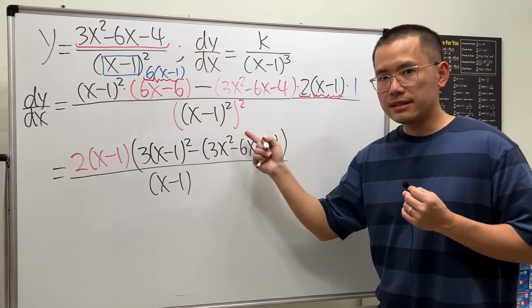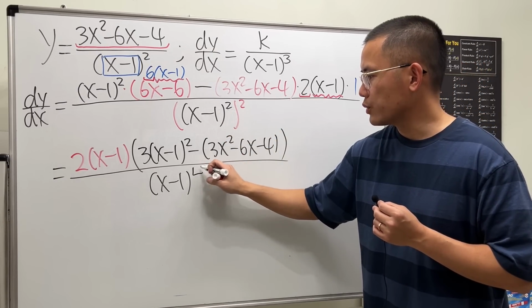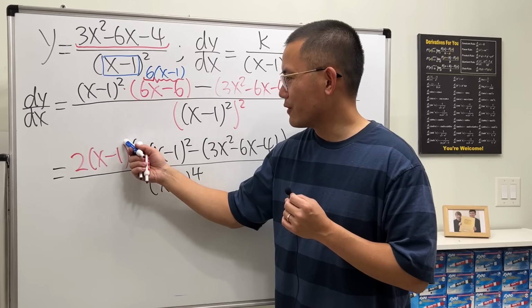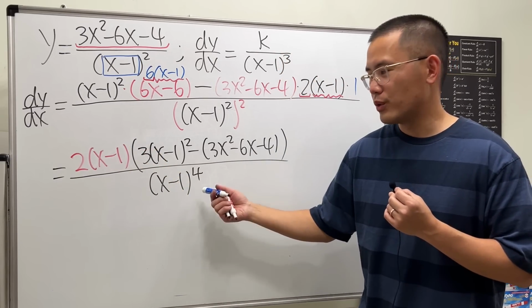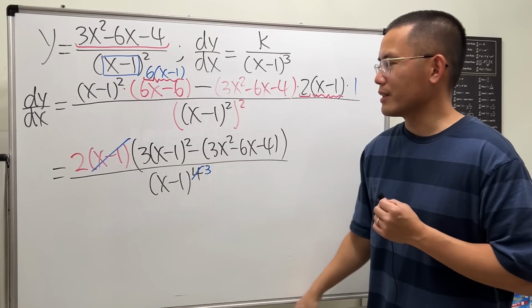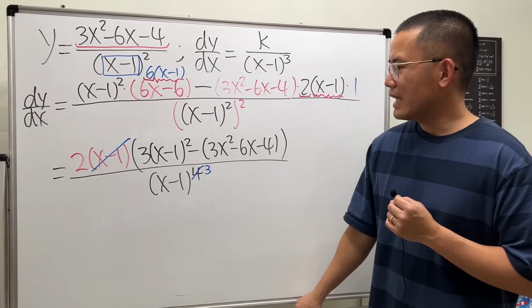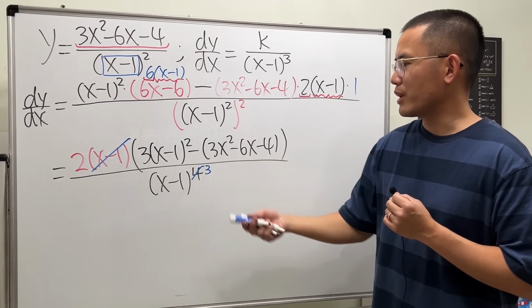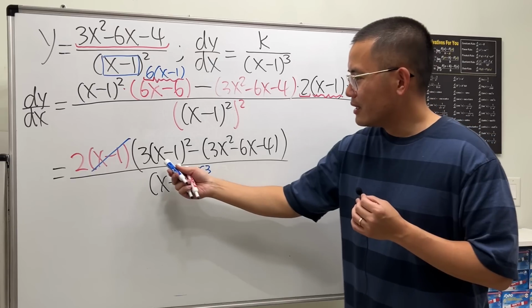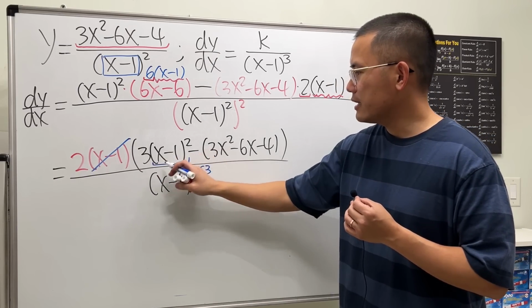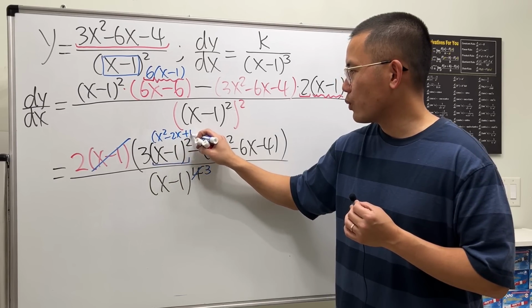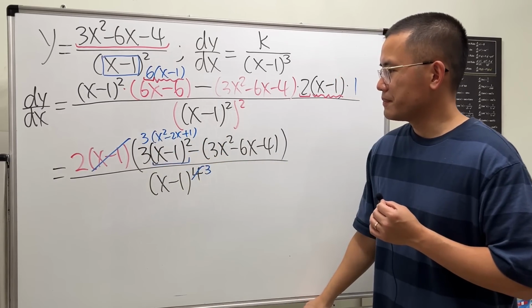Second power and another second power, we multiply the powers, so we get 4. Now have a look. Here we have x minus 1 to the first power, and this is x minus 1 to the fourth power. We can cancel out one of them, so this becomes the third power on the bottom. And now we just have to combine items right here, and hopefully all the x's cancel out on the top. So I'm going to expand this right here first. (x minus 1) squared, we get x squared minus 2x plus 1, and then of course we still have the 3 in the front.